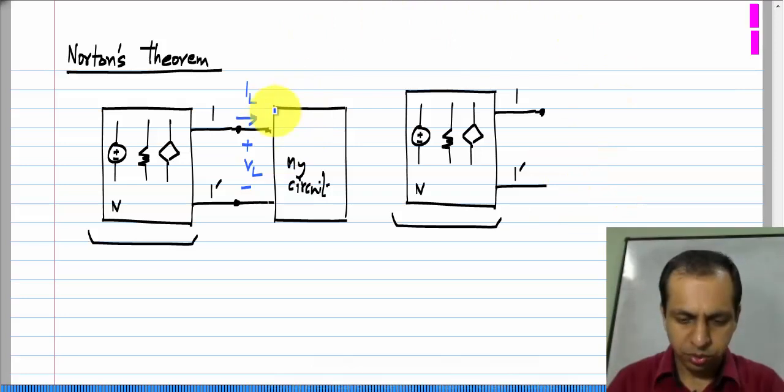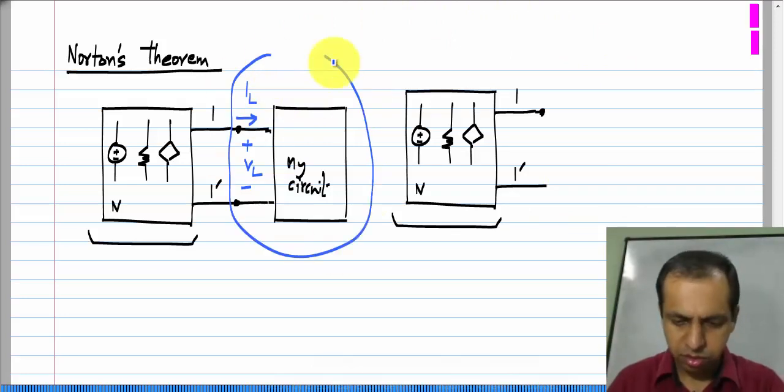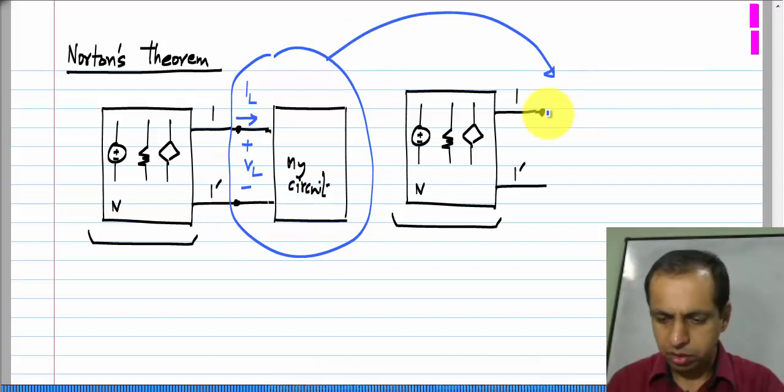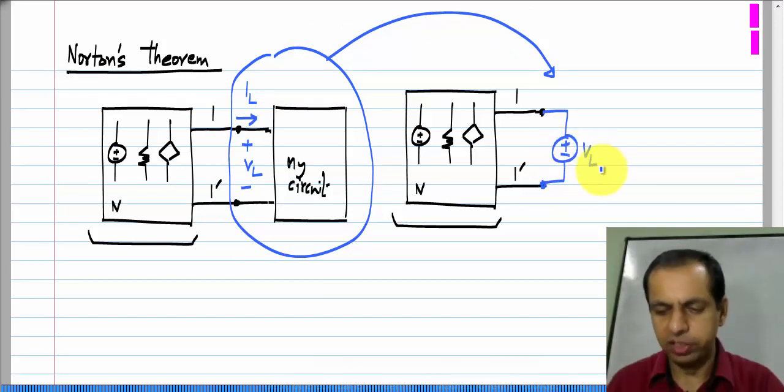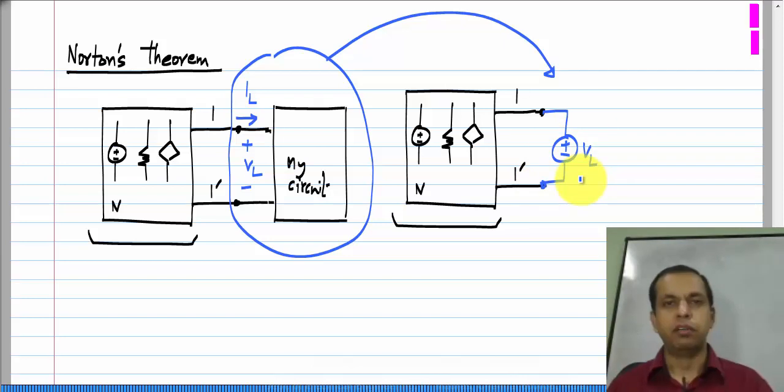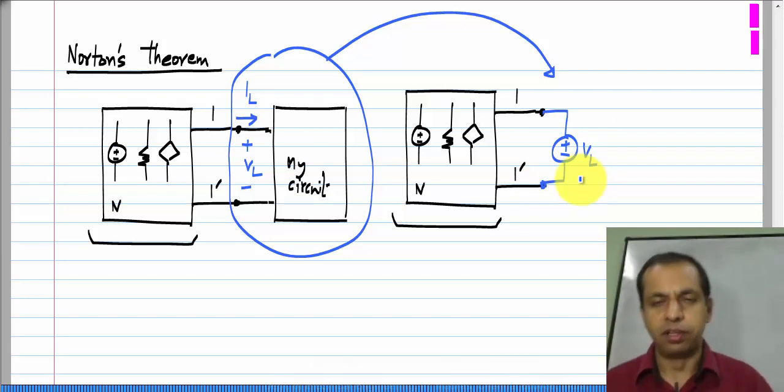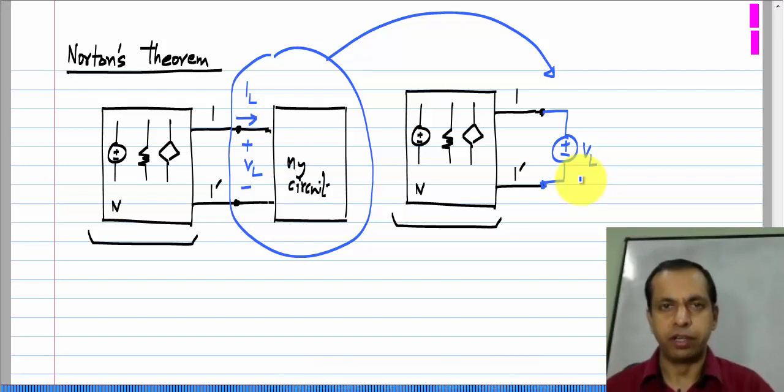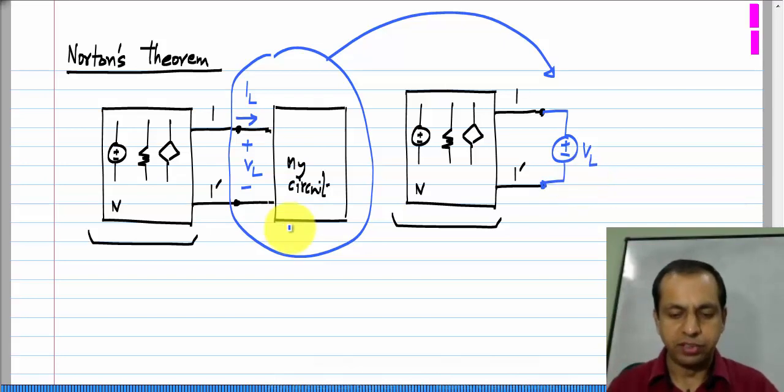So, I will substitute this whole thing by the voltage source whose value is the voltage that actually occurs in the circuit, V L. As before, we see that the derivation will be independent of whatever V L is. So, it applies to any circuit, anything that you connect.